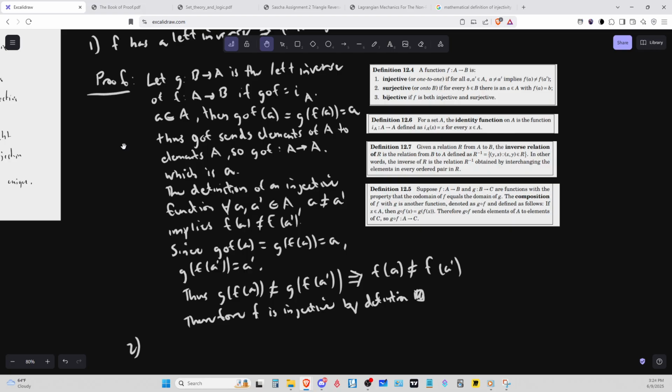Also g of f of a prime is equal to g of b, hence equals a prime. Therefore g of b is equal to a and a prime. Therefore, we have a contradiction. Different a prime, not equal. Oh, okay.